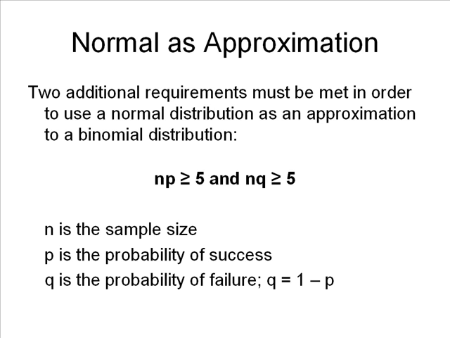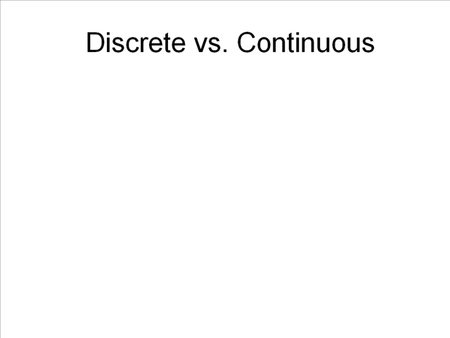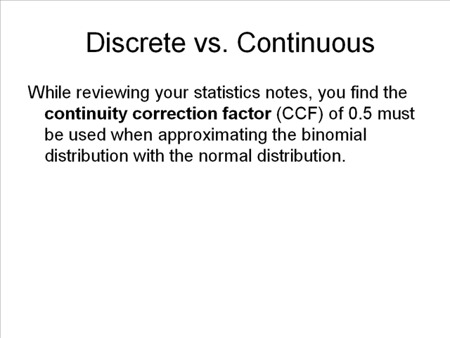While reviewing your statistics course notes, you find the continuity correction factor of 0.5 that must be used when you're approximating a binomial distribution using the normal distribution. This factor must be used because you're using a continuous distribution, the normal, to approximate a discrete distribution, the binomial.